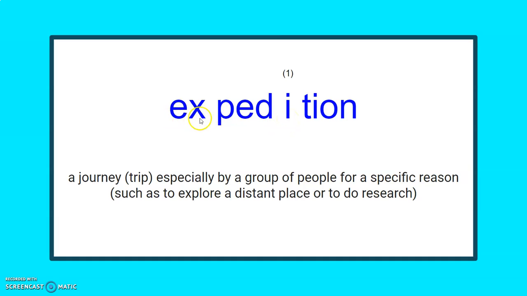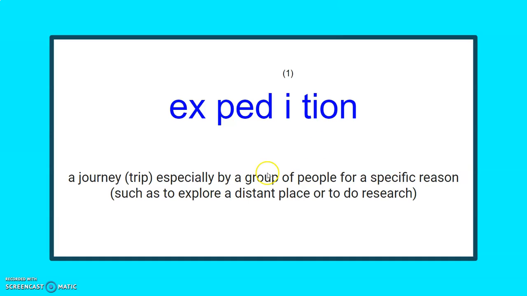Okay, and so let's read the rest of it. This is a closed syllable, this is a closed syllable, so we know how to make those sounds. This is going to say its short sound, and T-I-O-N always says shun. Go ahead and read it. Very well done. It says expedition.